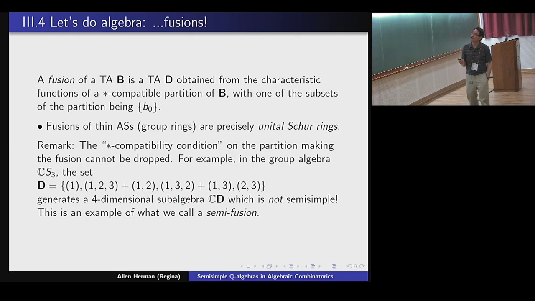The other thing you can have is fusions. In the group ring world, this is the unital Schur ring construction. One thing we've noticed is that this star compatibility condition can't be dropped.